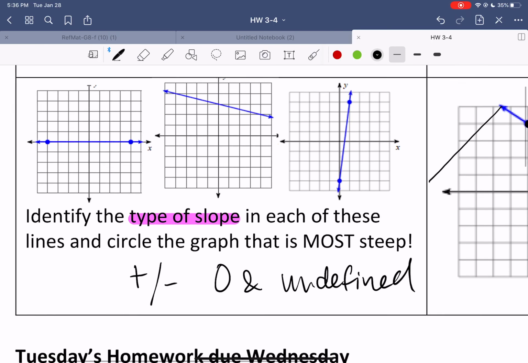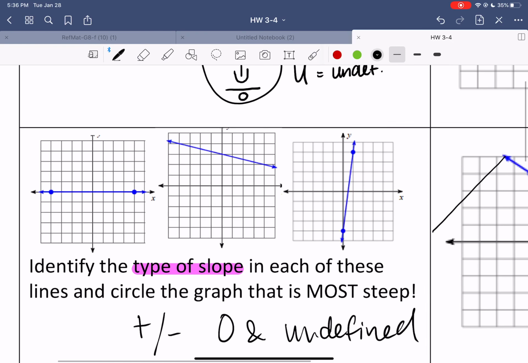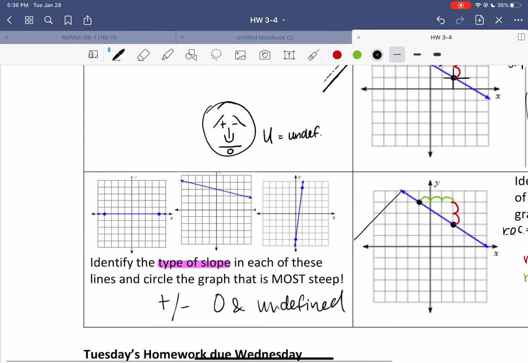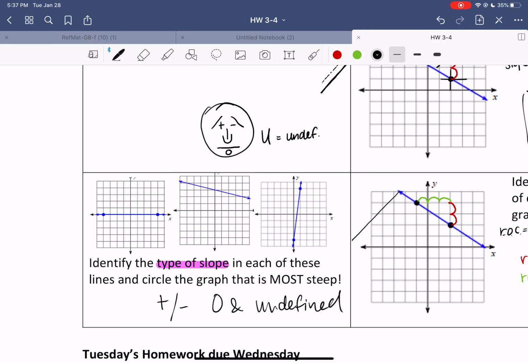So go ahead. And then when we're talking about steepness, so steepness is like if you were riding a bicycle up a really steep hill, your legs are super tired. So if you're riding a bike on a super steep hill, this is a lot harder than if you're riding your bike on a hill that maybe looks like this.